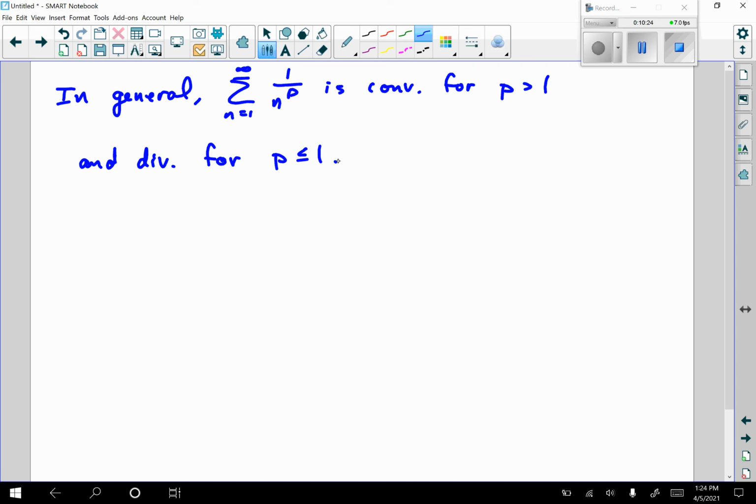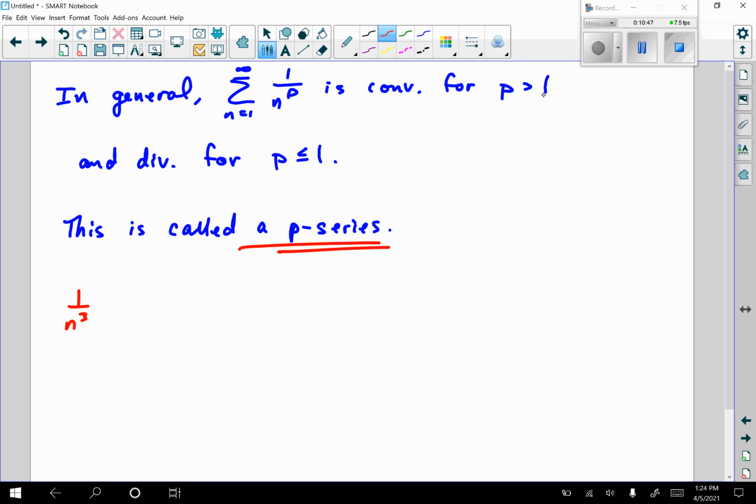Again, we summarized that back in section 7.8. This is called a p-series. And we could always show, by going through the integral here, that we can always support this.